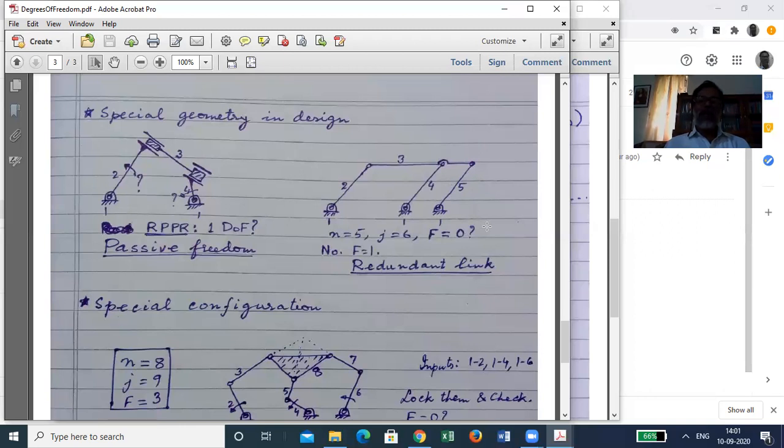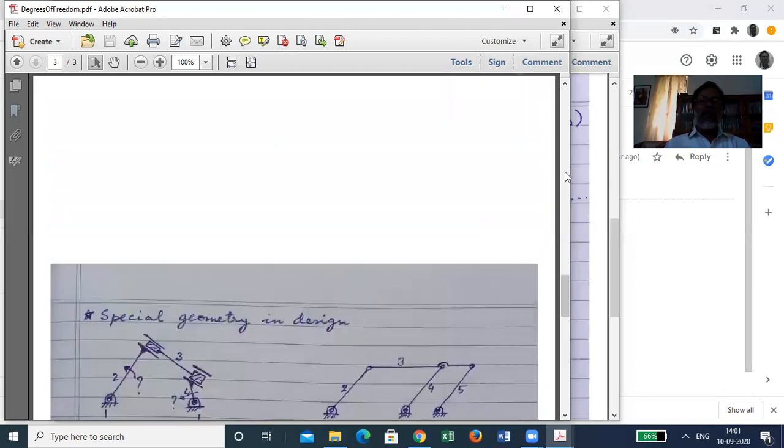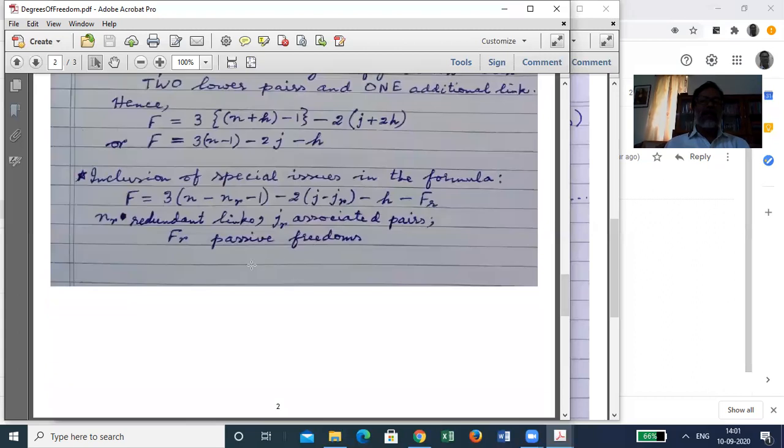So these are the 2 things that were done in this modification of the formula: removing the redundant links, associated pairs, and passive freedoms. These are the 2 things which we have discussed. So if you do all these modifications, revisions in the formula, then you can accommodate a lot of issues in the same formulation.